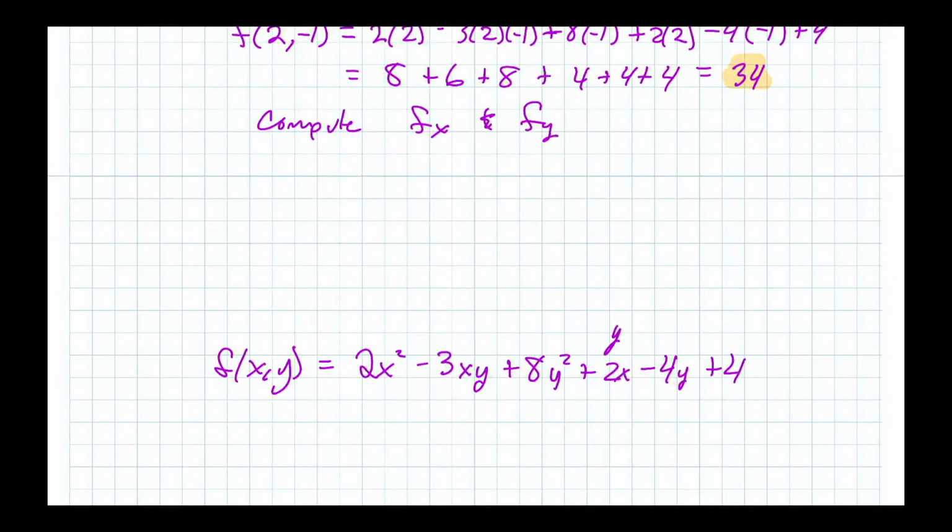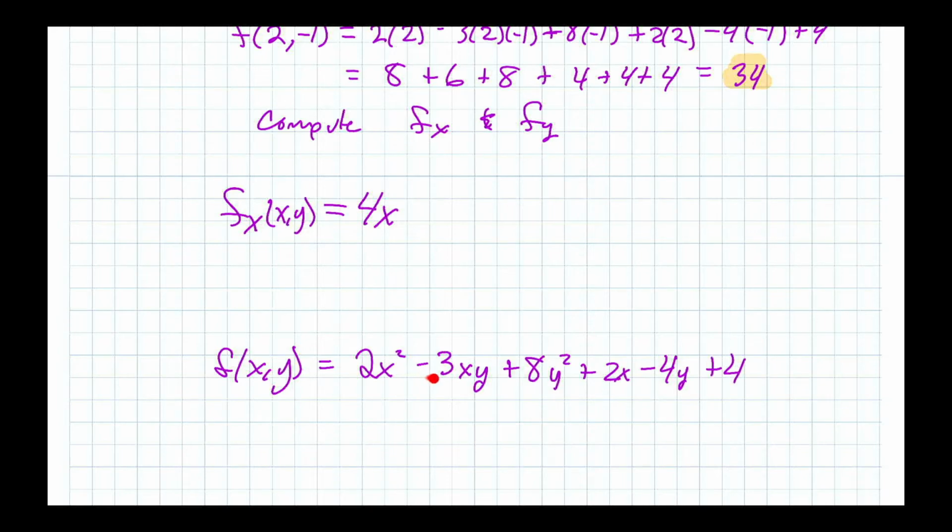Okay, good enough. All right, so we're going to compute fx, just for x and y first. So that means the x derivative here. You have to remember how partial derivatives work, which is we treat any other variables as if they were constants. So we're taking the derivative with respect to x right now. The derivative of 2x squared is simply 4x.